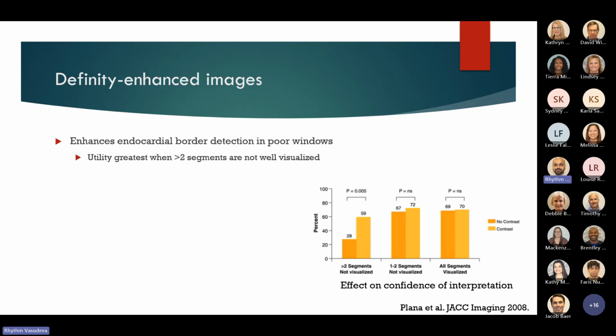They assessed the confidence in interpretation when readers were able to visualize two or more, or two or fewer, segments. As you can see, they felt a lot more confident here, but less than that, it really doesn't make a difference. And it helps tease out any subtle wall motion abnormality and obviously helps with thrombus detection, which we'll look at.